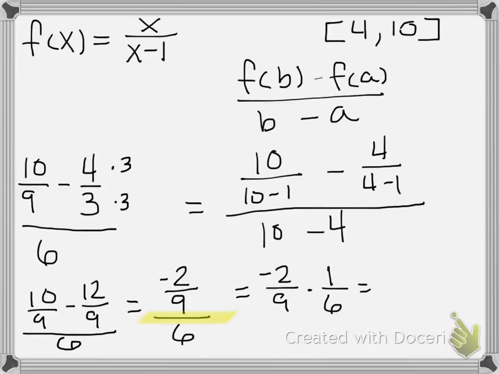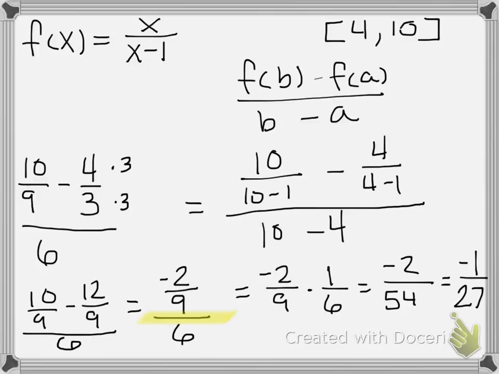And we're going to have negative 2 over 54. And so we can take a 2 out of each of those, so we'll end up with negative 1 over 27. Okay, so we found our answer.